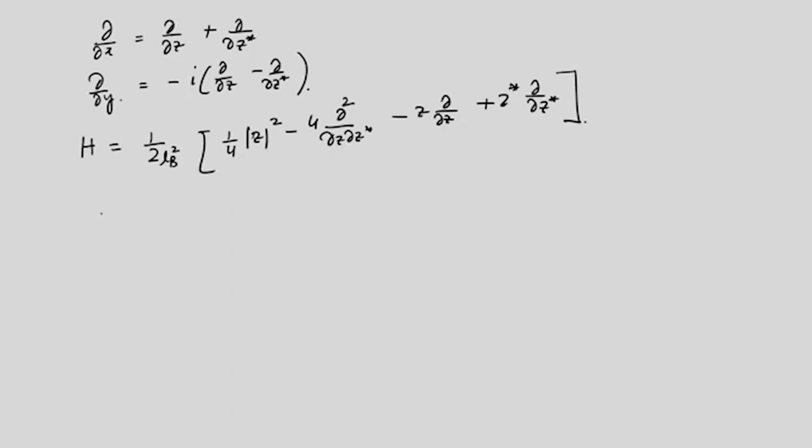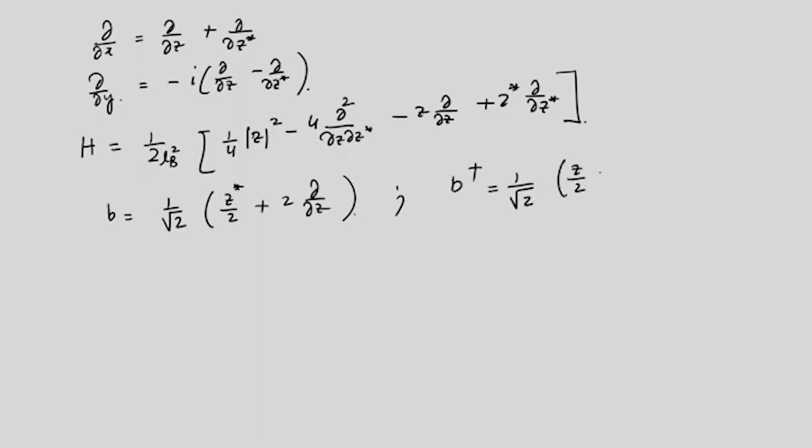Now we can use the same set of ladder operators that we had used earlier, which are b and b dagger. So, b equals 1 by root 2 times (z star by 2 plus 2 del z). This is your b, and your b dagger is equal to 1 by root 2 times (z over 2 minus 2 del z star).